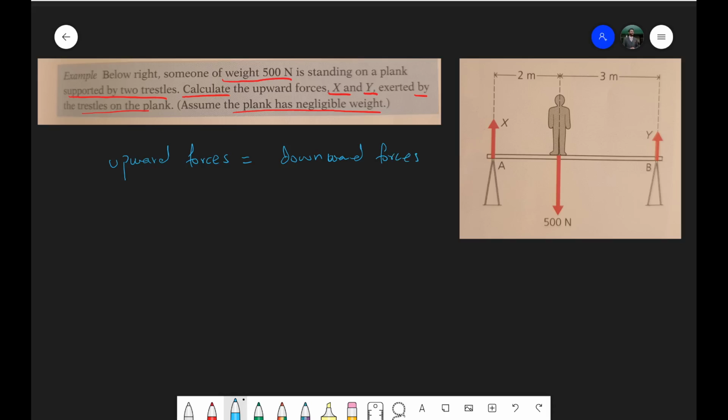So this means that force X and Y, which are added together since they are both facing upwards, should be equal to the downward force, which is 500 Newton.